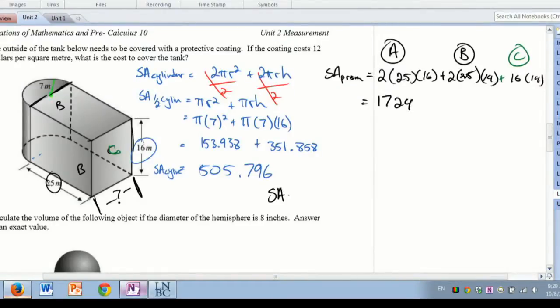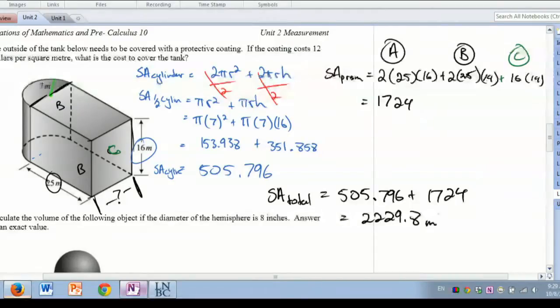Now I have to add these two together. So my surface area total is going to be the 505.796 plus the 1724. So 2,229.8 meters squared, not cubed.